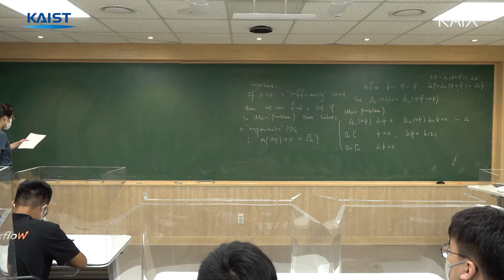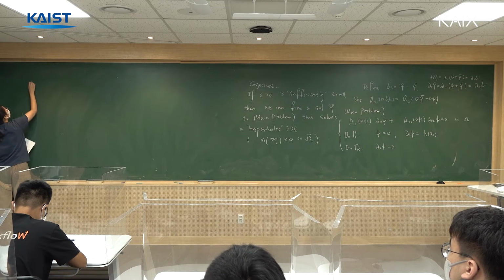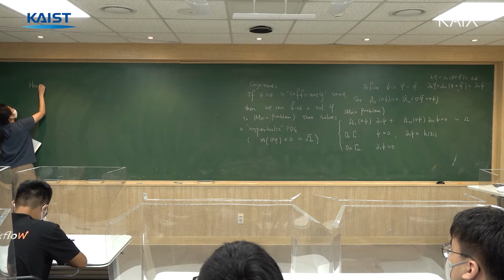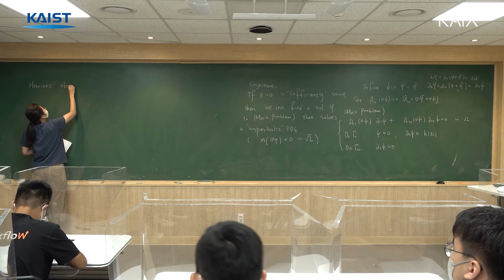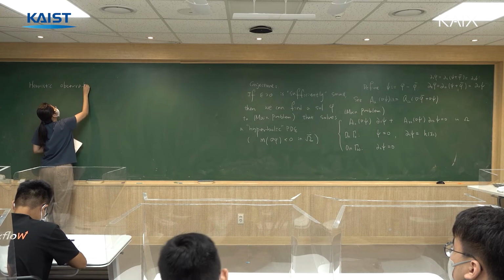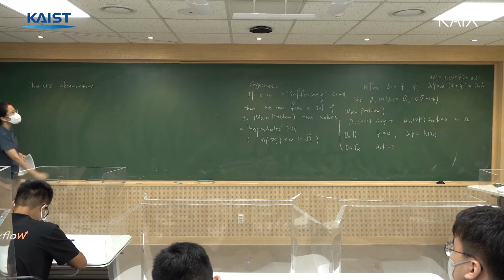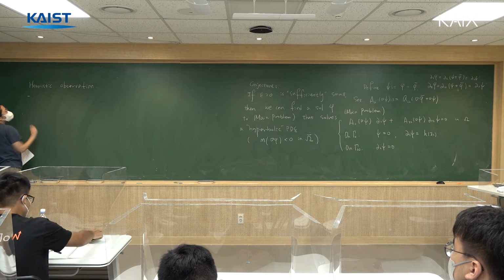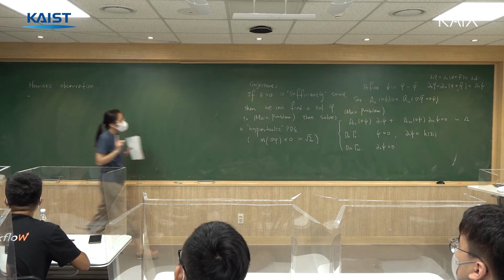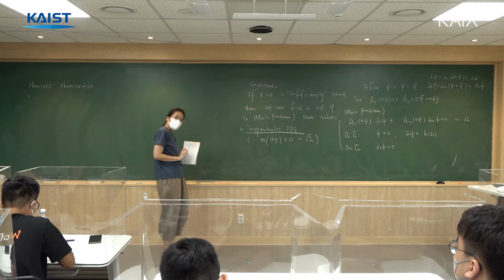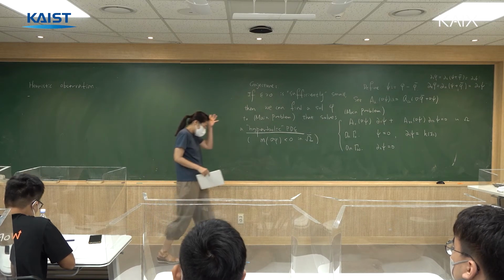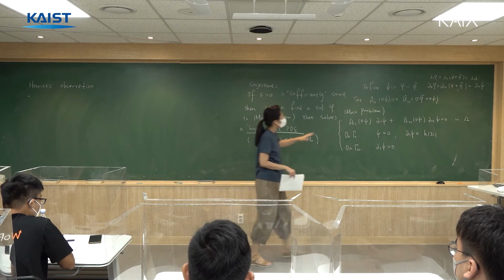Heuristic observation. So first of all, remember, whatever we do, we want a hyperbolic PDE. So how do we achieve the hyperbolic PDE from here?